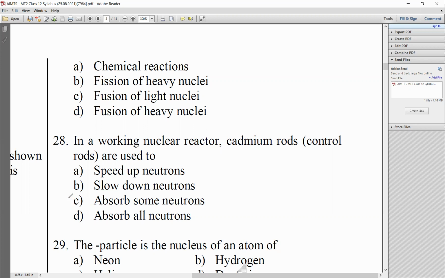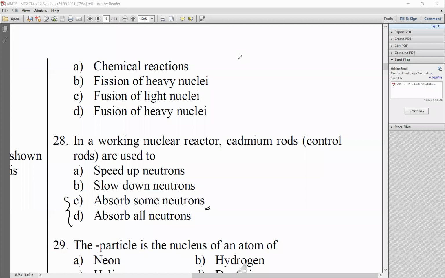The confusion is between C and D: whether it will absorb all the neutrons or some neutrons. It will absorb some neutrons, not all. It does not completely stop the reaction, but absorbing some neutrons decreases the pace of the reaction. Okay.